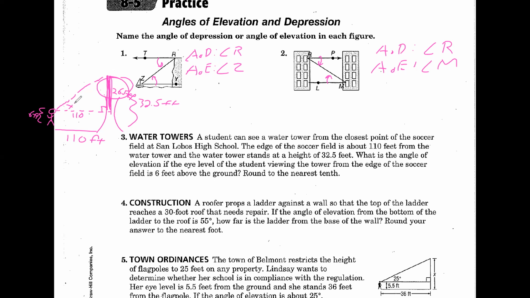Like I said earlier, there's a whole lot of tangent in these problems. This one is again tangent because we have opposite over here. This is adjacent. So tangent of X equals 26.5 over 110. We're solving for an angle, so we're doing the inverse operation.